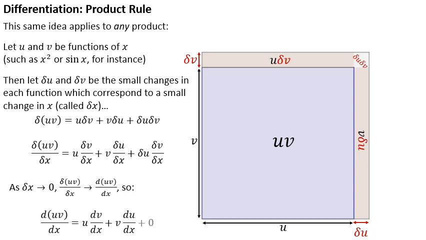And the rest becomes u dv by dx plus v du by dx plus, well, this is a little like a 0 divided by 0 that somehow turns into something sensible, which is the essence of differentiation, where you're looking at the gradient between a point and another point that is so close it's basically the same point. You effectively have 0 height compared to 0 horizontal distance, giving you a sensible looking gradient.